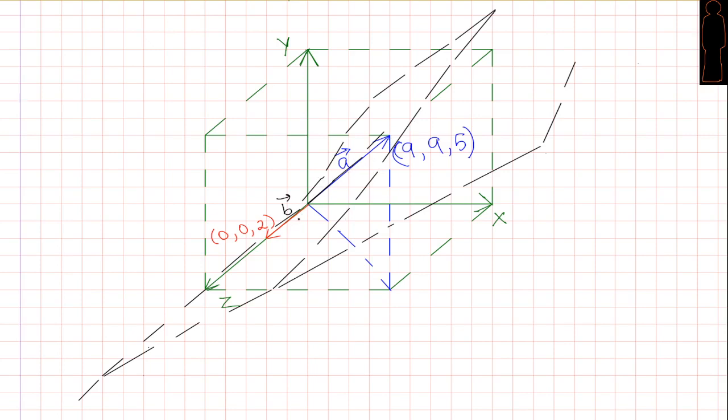I am hoping that this idea is driven in, and we have some clarity of what the linear combination of two such vectors A and B provides. With that understanding, we will continue into the next part. Maybe we could try and solve a few problems, and I think that will bring us a much better understanding.